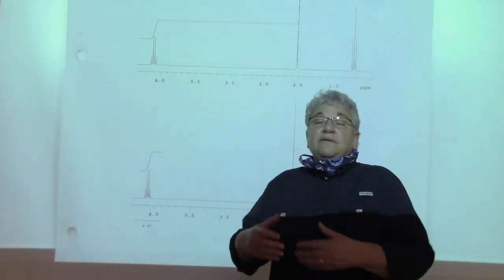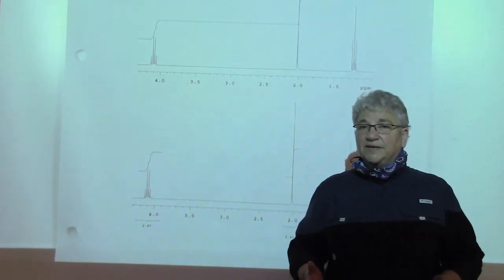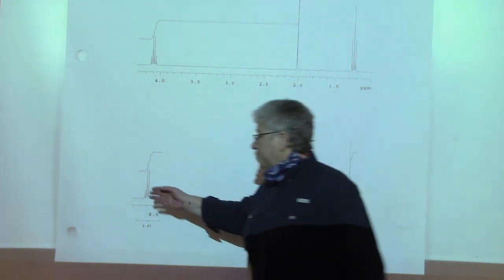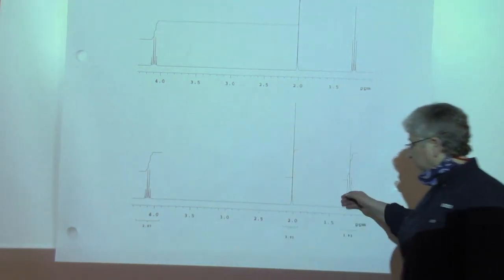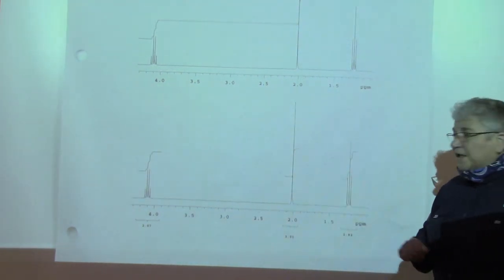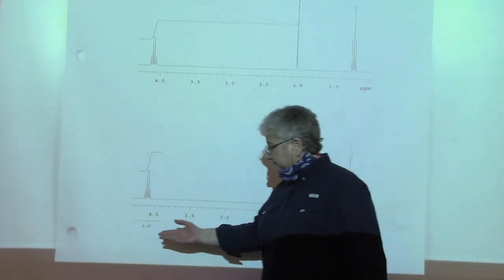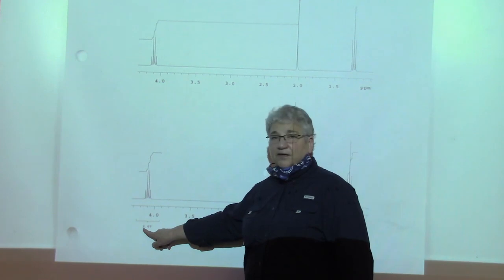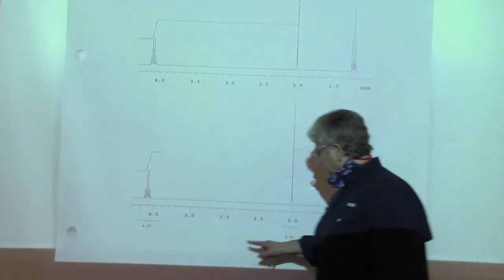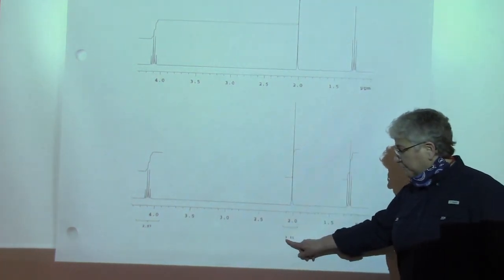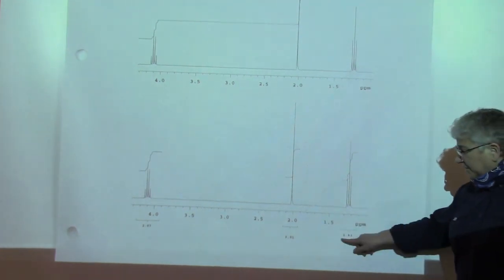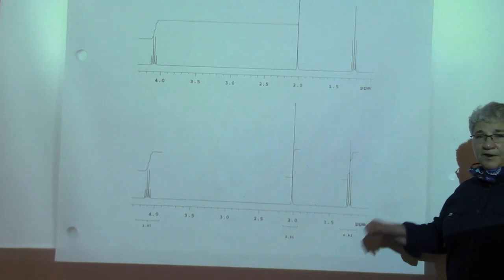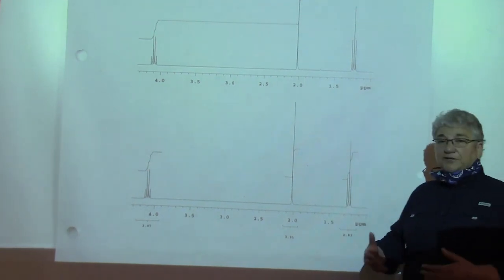That number is just a ratio of that area compared to that area compared to that area. So you can see for this spectrum, it's telling you that this grouping of peaks integrates to 2, and this integrates to 3, and this integrates, again, you're going to round this up, to 3, right? So that's what the integration is telling you.